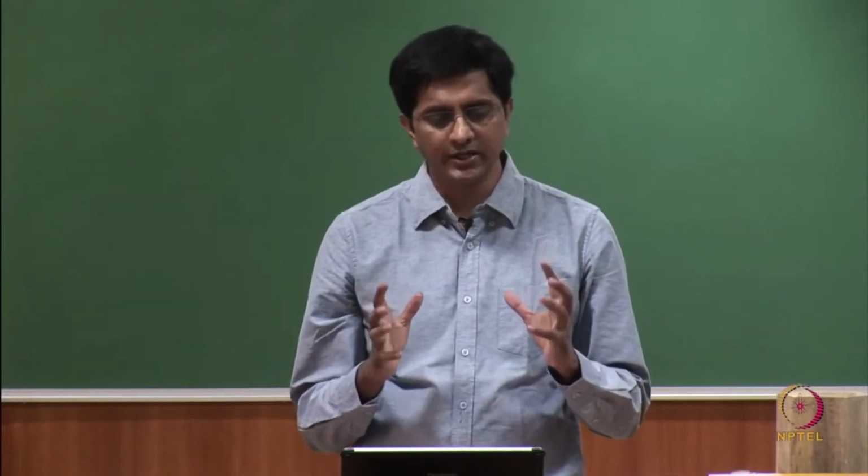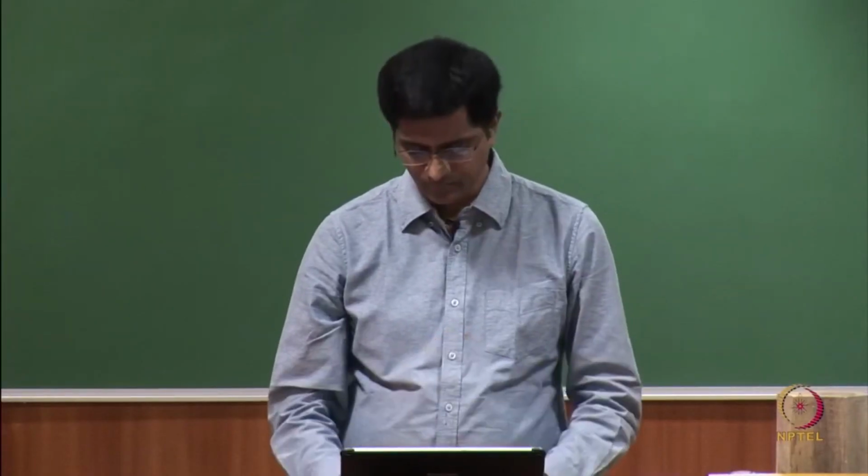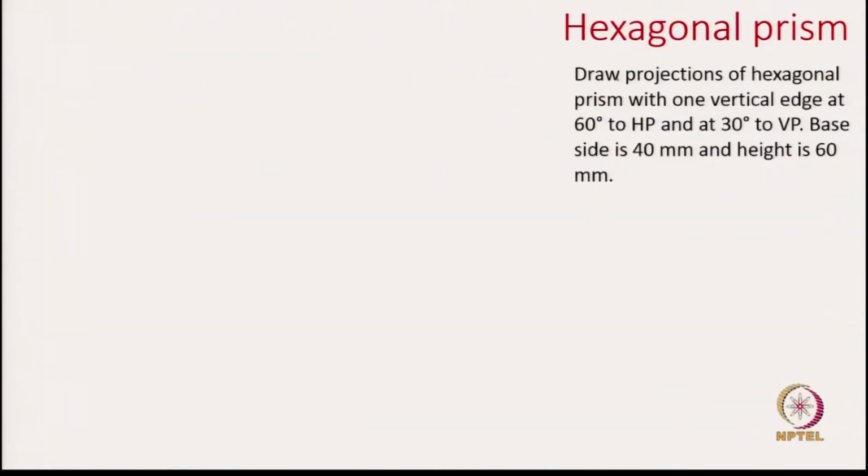Okay. I hope now the visualization is clear about this hexagonal prism in the three different orientations, because in the next slide we will be looking at the projection of this prism in these three orientations. So, this is how we get to describe the problem, saying that we need to draw the projection of an hexagonal prism with one vertical edge at 60 degrees to horizontal plane and 30 degrees to vertical plane.